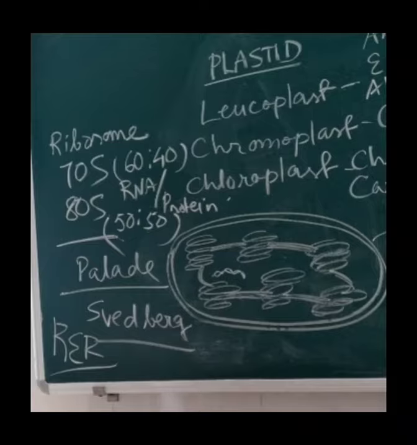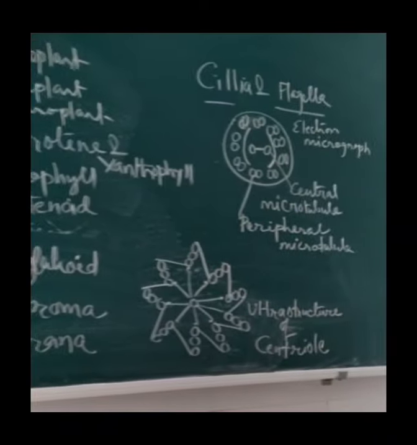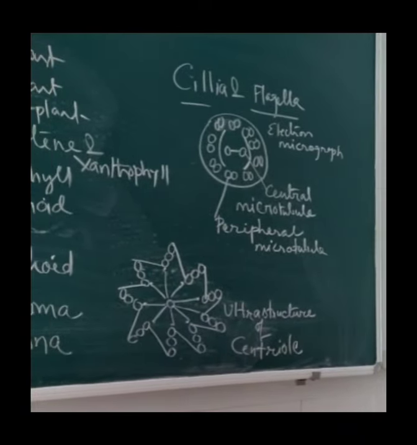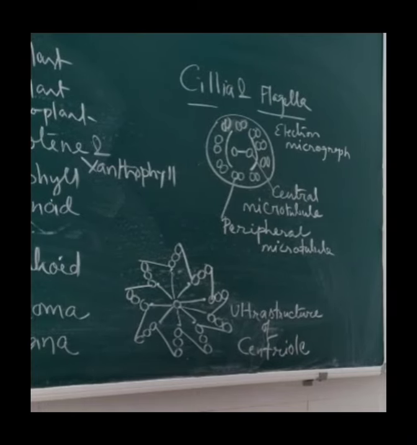Next we will go to the cell organelles called cilia and flagella. See these diagrams. Cilia and flagella are actually components of the cytoskeleton.